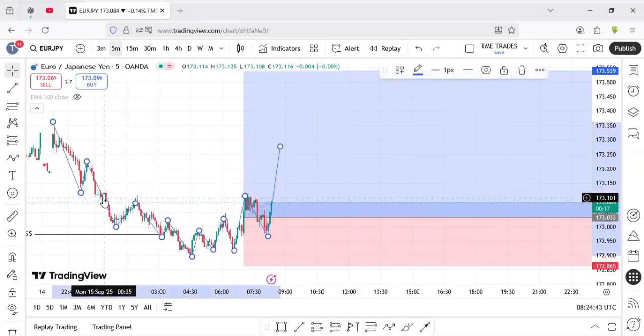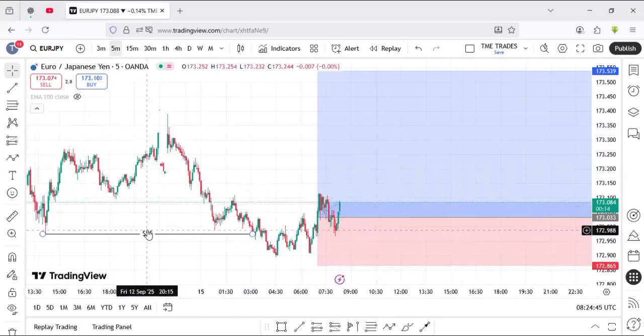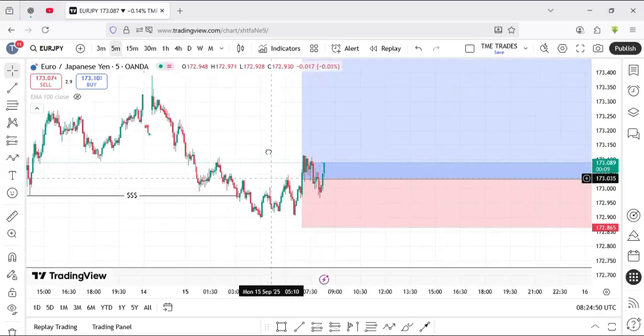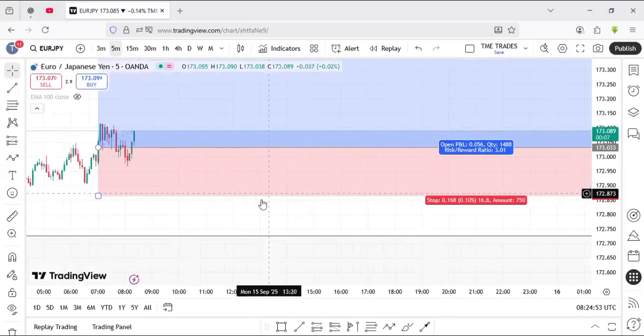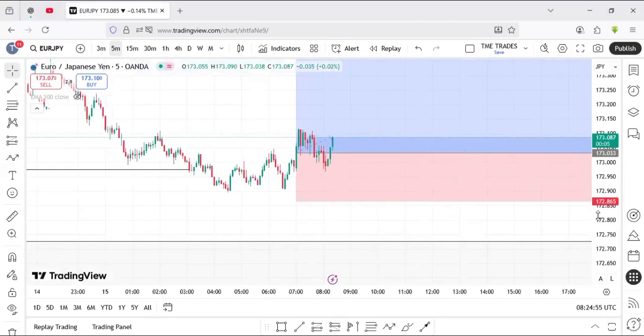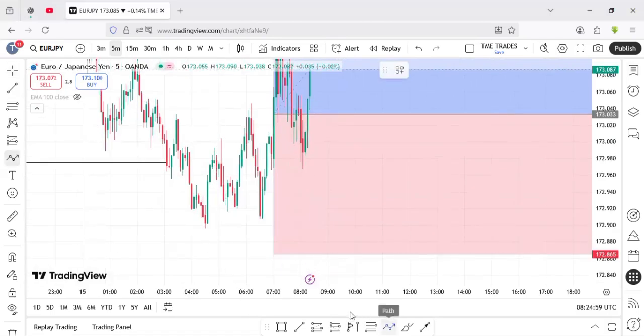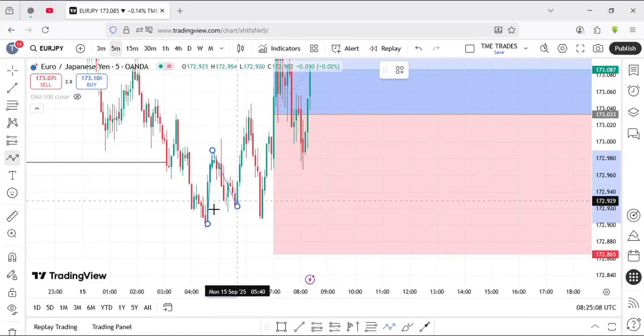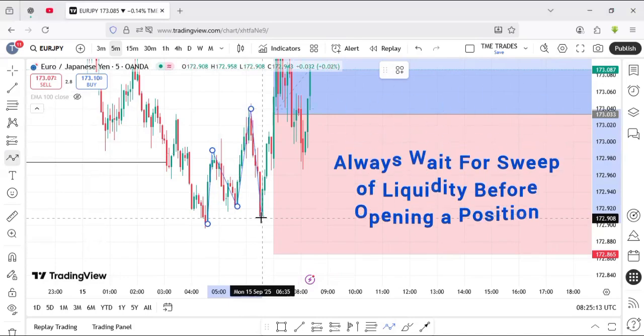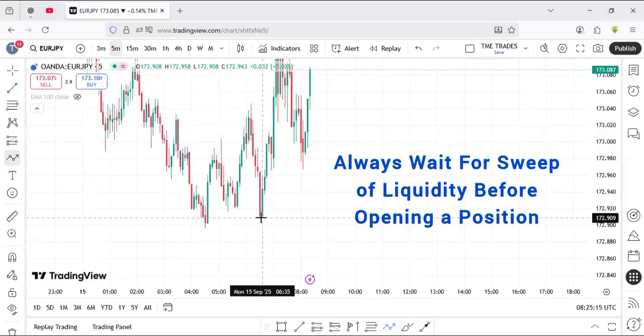Now, whenever liquidity is swept, what do you do? You go to lower time frame and wait for change of trend. Now, I want you to watch closely what happened at this particular place. Remember what I said just a few minutes ago. Whenever a high is created and a low is created without it sweeping any liquidity, after the next high comes, that liquidity will be taken out, right?